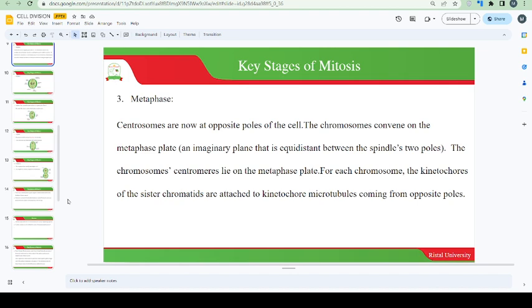The chromosomes' centromeres lie on the metaphase plate. For each chromosome, the kinetochores of the sister chromatids are attached to kinetochore microtubules coming from the opposite sides.